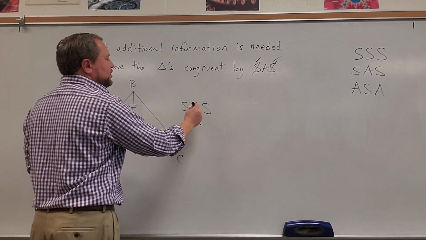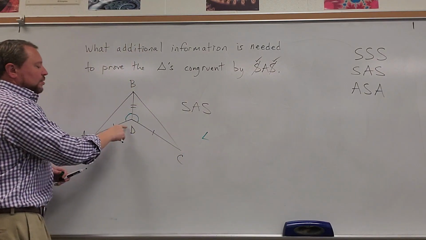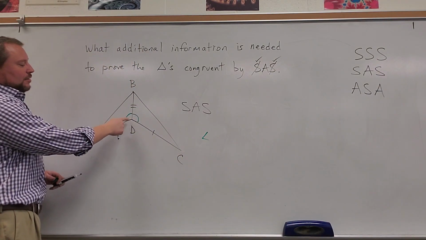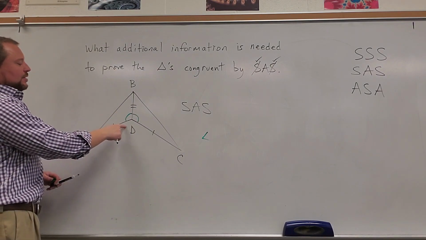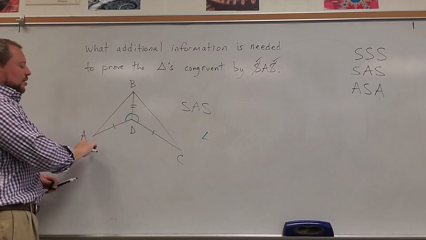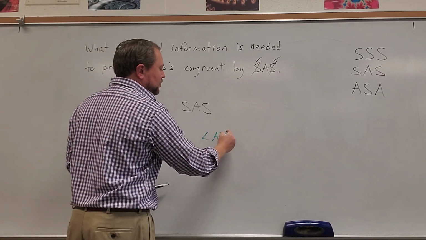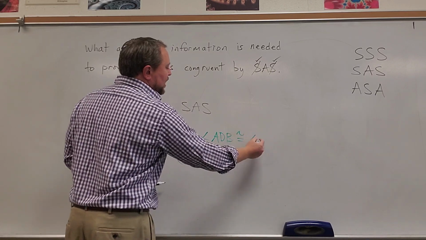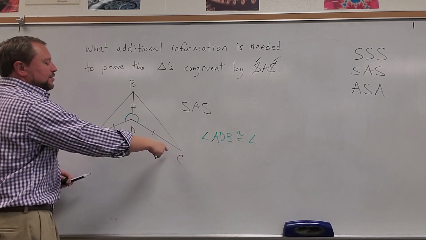So in order to accomplish SAS here, the angle I need is angle, now don't just call it angle D, because see how it's different for each triangle. So the first one is the angle D on this side, so it'd be called angle ADB. I need that angle to be congruent to the other angle D over here. That would be called CDB.